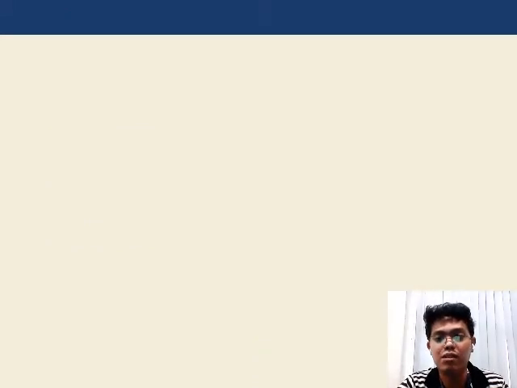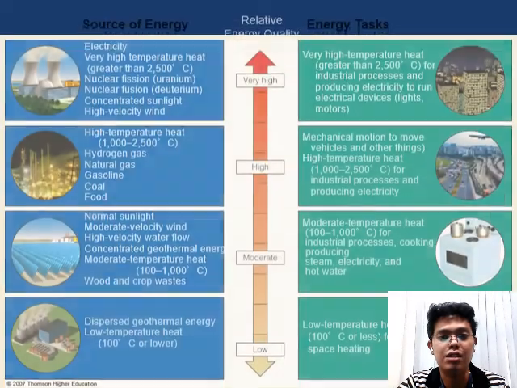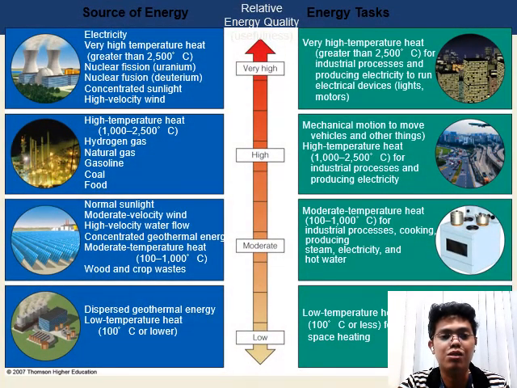So the two types of energy as discussed earlier are high quality energy and low quality energy. The sources of energy should also match the quality of energy needed to perform a task to avoid energy waste. So in this picture, I've shown you the source of energy and the task that it can do.